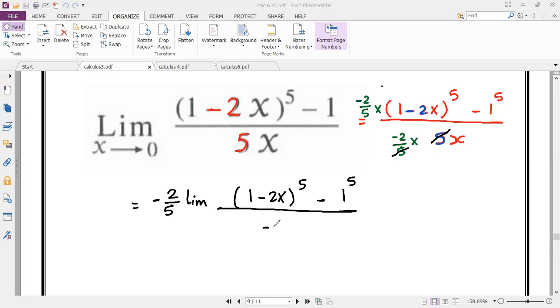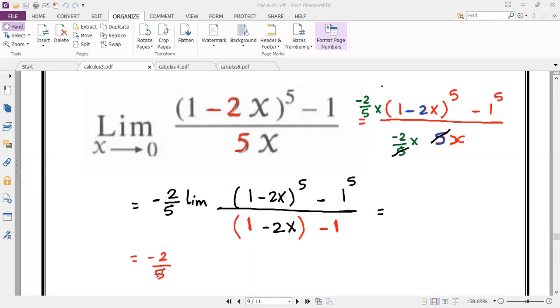divided by negative 2x. Till now, we couldn't use the law, but we are going to add 1 here. We are going to write 1 here and subtract this 1 here. And I didn't change any of the values of the denominator because I added 1 to it and subtracted 1 from it. Now we can apply the rule.